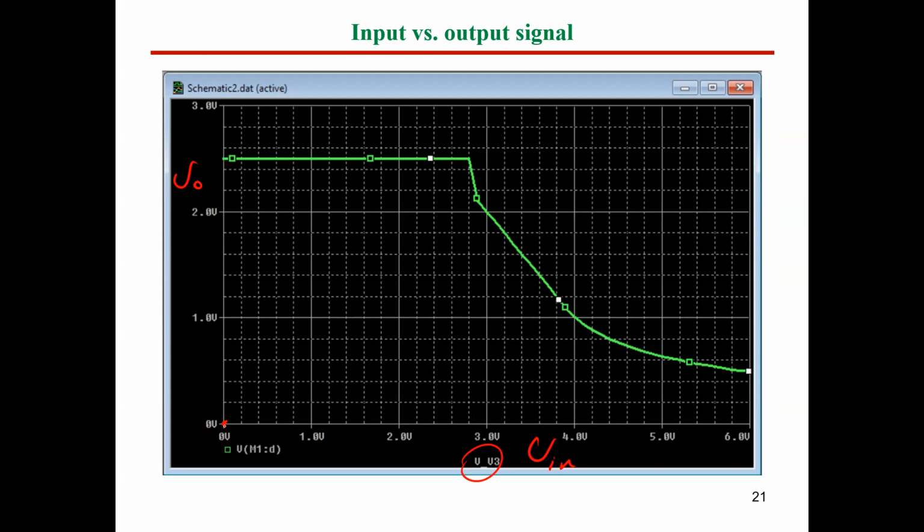For a signal from 0 to around 2 point something, 2.8, almost, during all of this period, the output volt is appearing like active high. It's around 2.5 volt. So all of this period, the input was active low, from 0 to 2 point something, and the output would be 2.5, which is active high for this transistor.